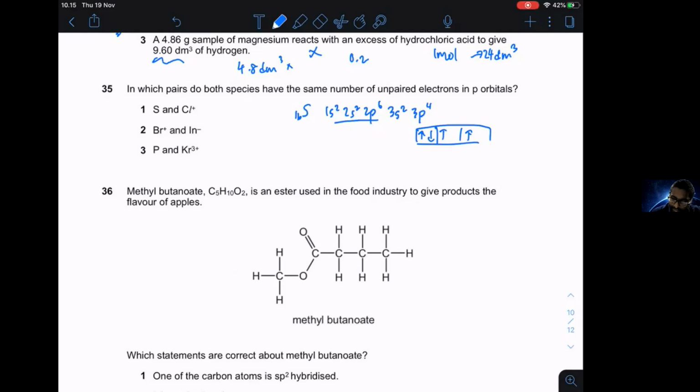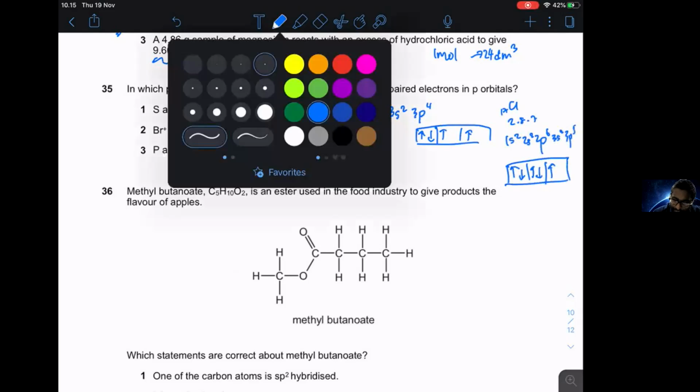So for Cl, 17: 1s2, 2s2, 2p6, 3s2, 3p5. So if it's 3p5, 1, 2, 3, 4, 5, but after that is plus, so you need to actually remove that.